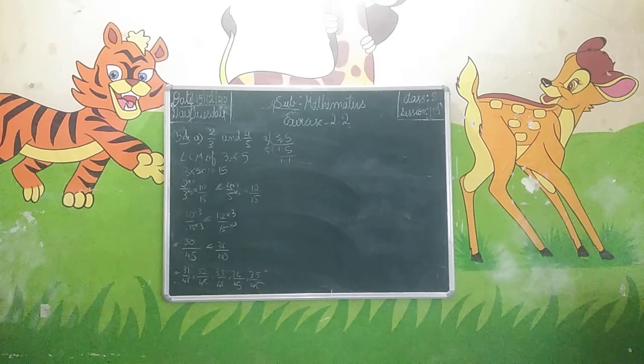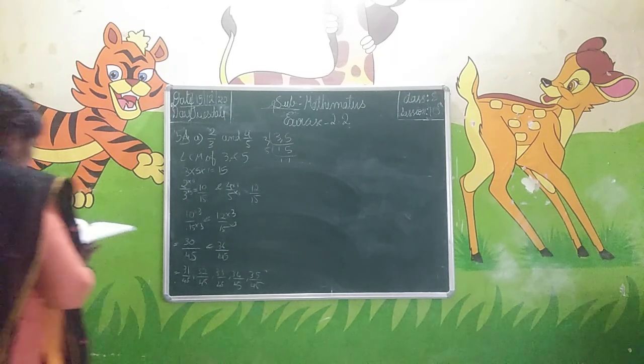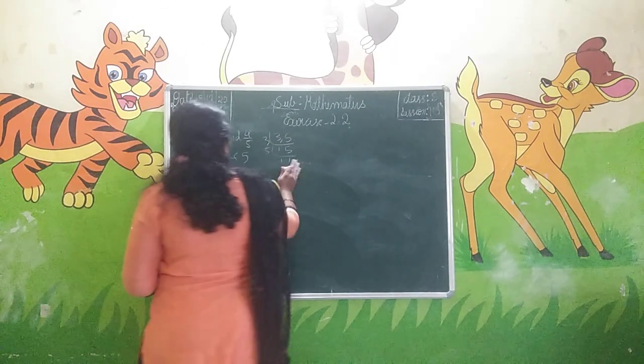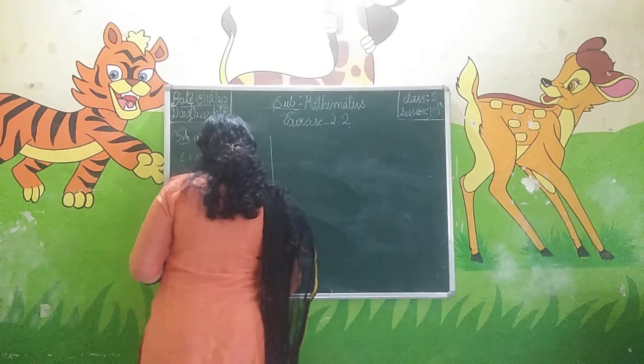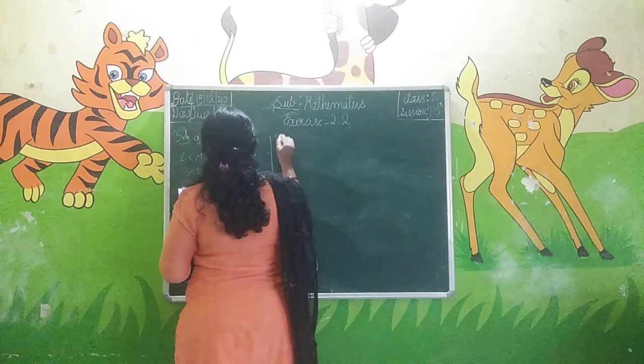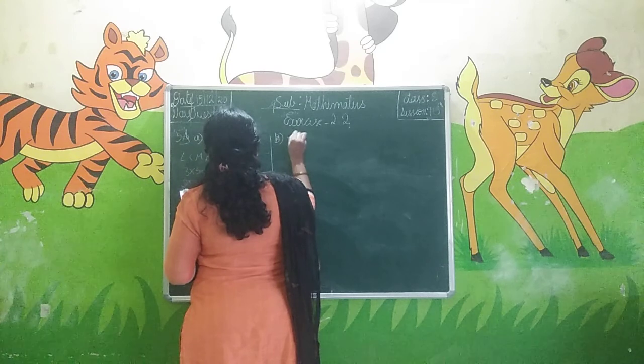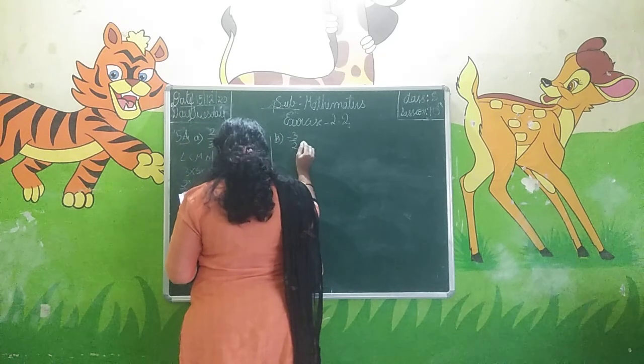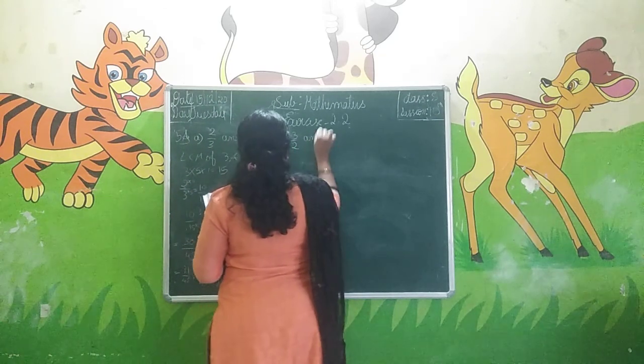Okay students, got it? The third one is homework, that is 1 by 4 and 1 by 2. And the second one I will do now. Second one, minus 3 by 2 and 5 by 3.